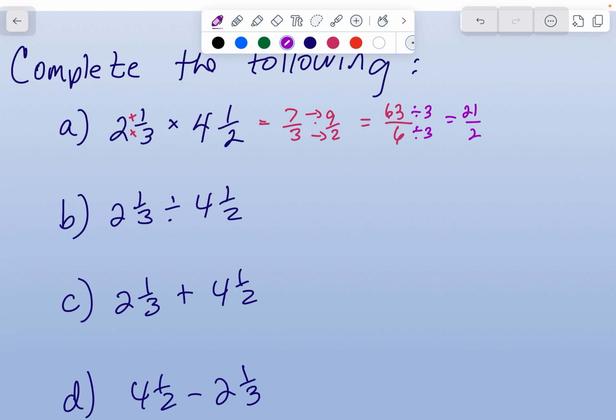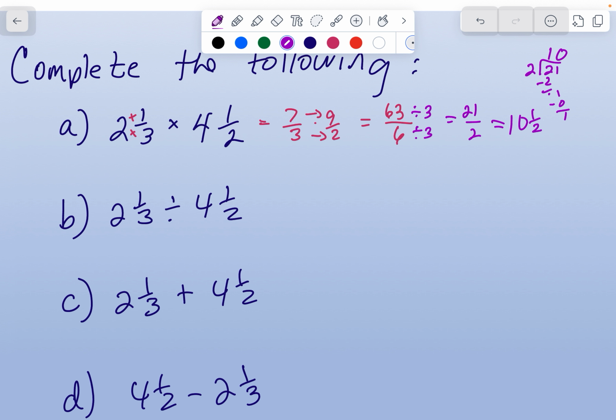It's a reduced improper fraction, but most of the time they want your answer to be in mixed number form again. So think about 2 goes into 21 10 times, with 1 remaining. So that would be 10 full and 1 left over, 1/2.